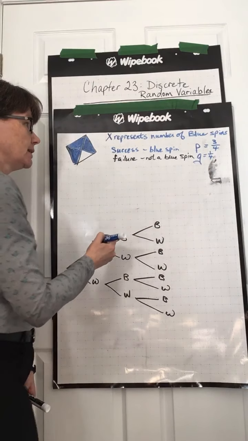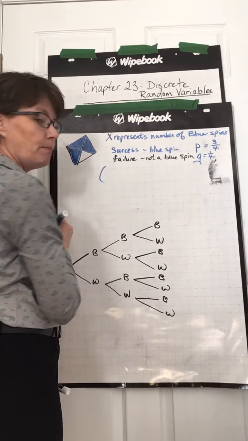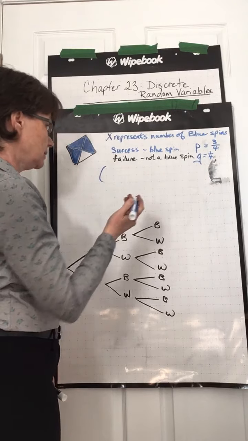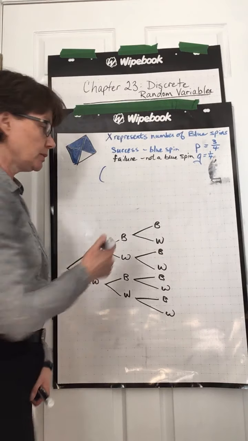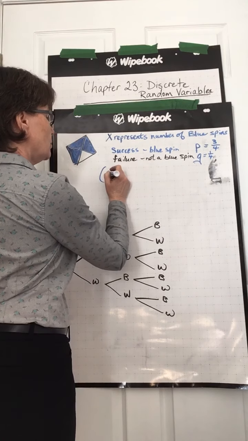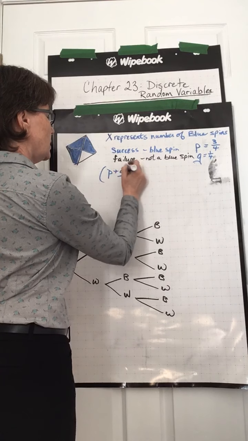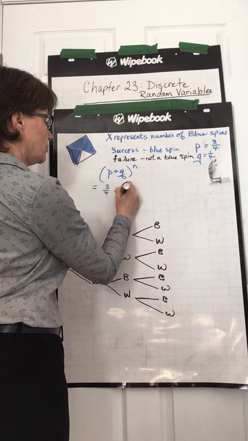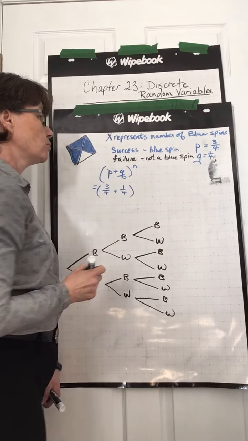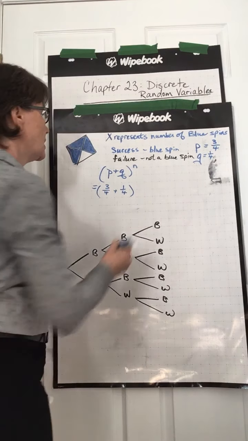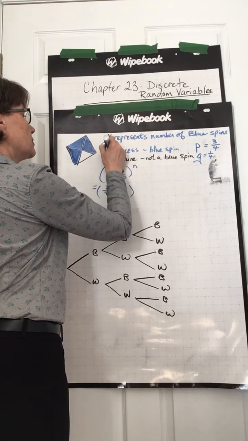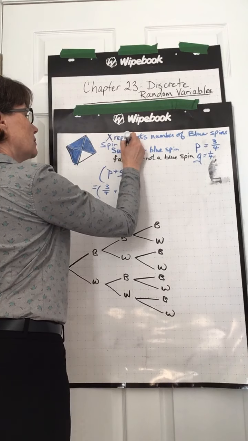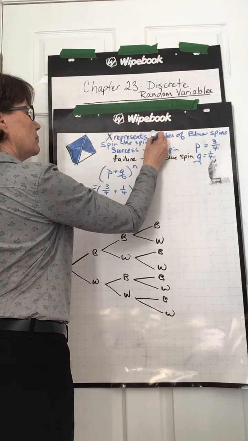All right, so we can think of this binomial distribution and binomial expansion situation. P plus Q to the power of n, which in this case would be 3 out of 4 plus 1 out of 4. And we're going to spin it 3 times, okay? Spin the spinner 3 times.